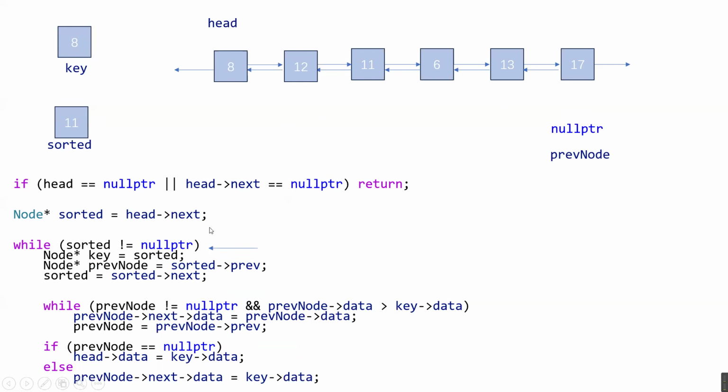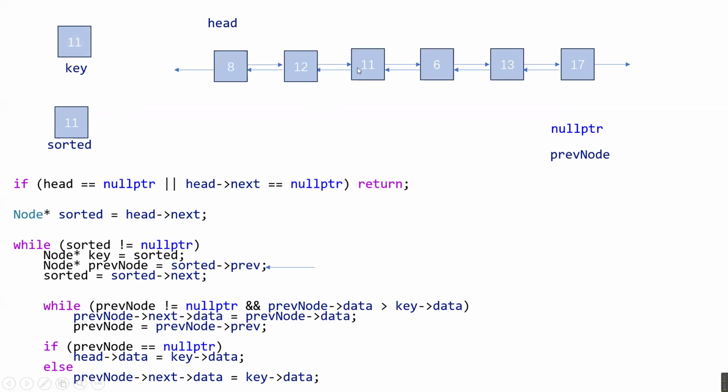So we will trigger this condition. We will get to this line. The key will become sorted. The key needs to record which element is needed to compare in this time step, and sorted records the next element needed to compare in the next time step. Here, the previous one will become the sorted's previous.